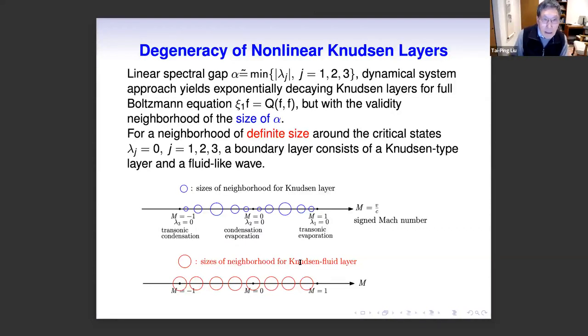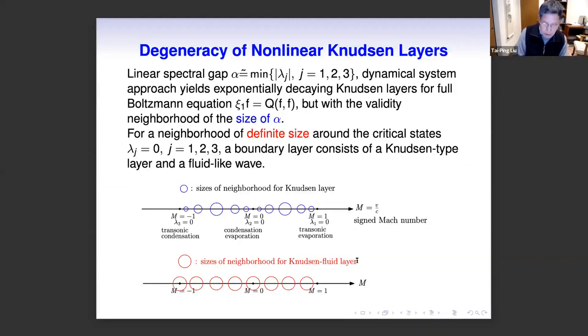So what happens if we want a good nonlinear theory, and we do not shrink the neighborhood? Well, then the Knudsen layer does not exist. Instead, it's a Knudsen fluid layer in its place.